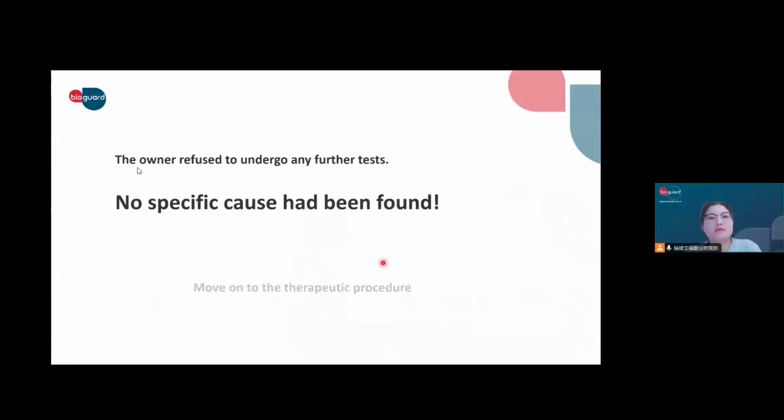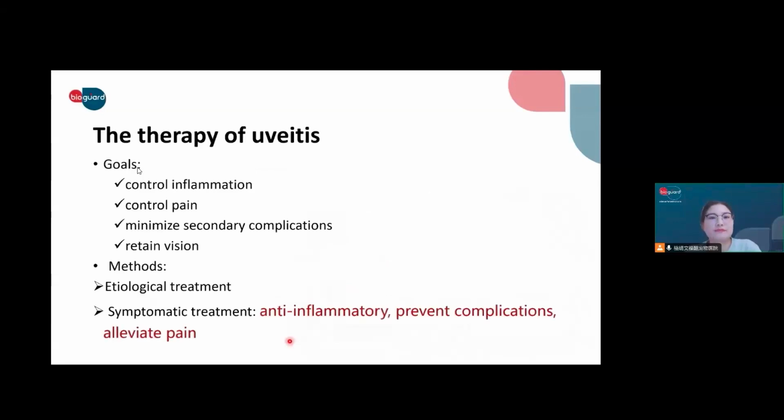Okay, let's move on to the therapeutic procedure. The goals of the treatment of uveitis are to control inflammation, to control pain, to minimize secondary complications, and to return vision if possible.